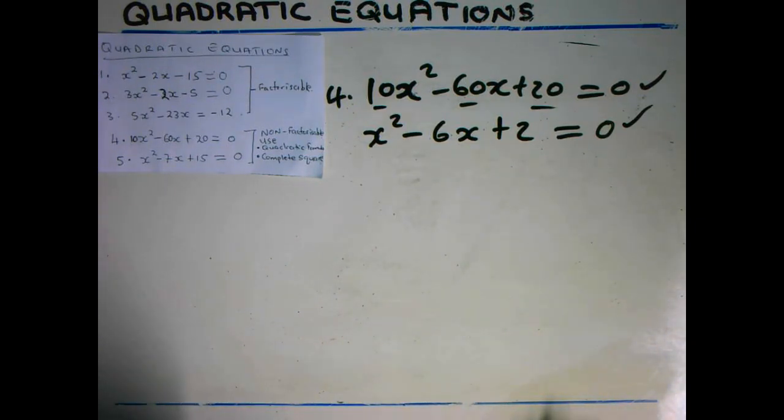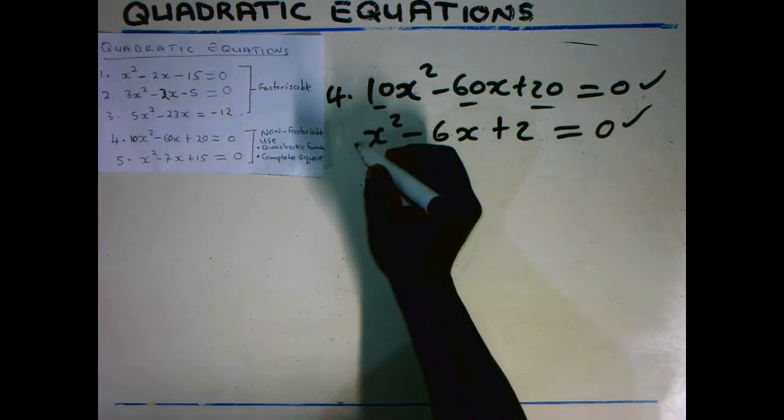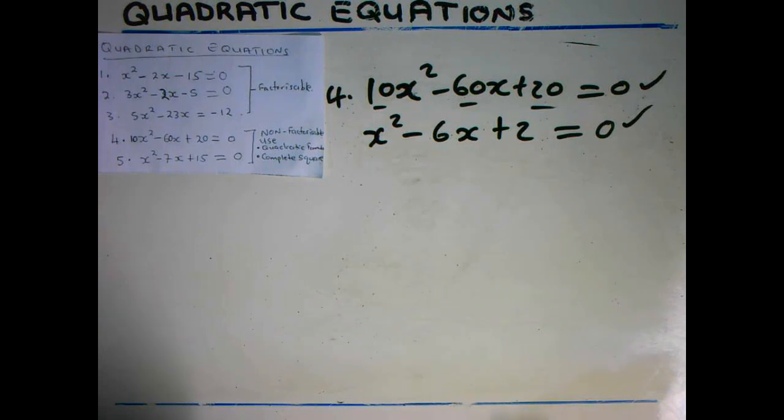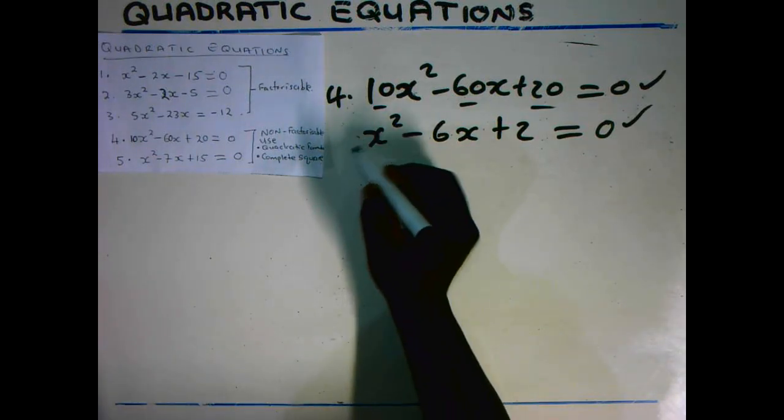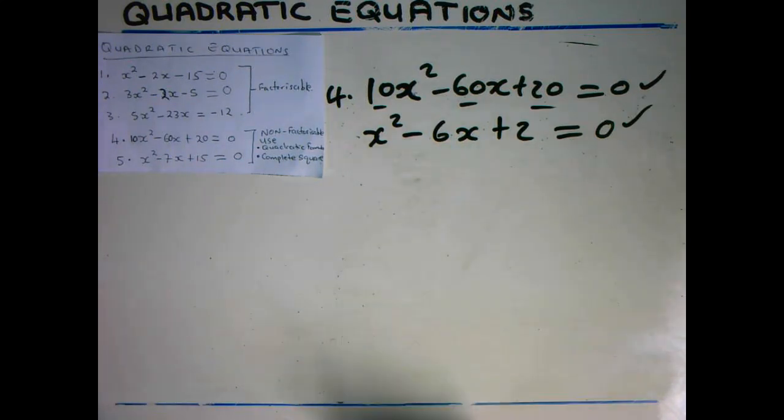Now, what next do we do? I'm going to demonstrate the method of completing the square here. Make sure the coefficient of x squared is 1. If it is not 1, for example, suppose we have 3 here, you must divide by 3 throughout each term. But because the coefficient is already 1, we don't need to do anything. We are ready to go.